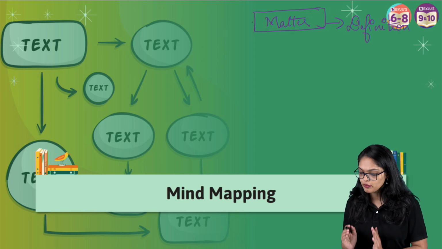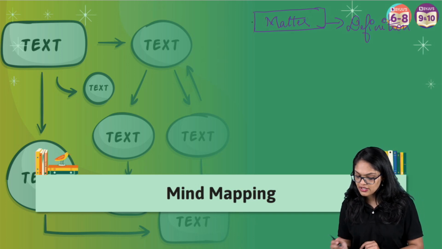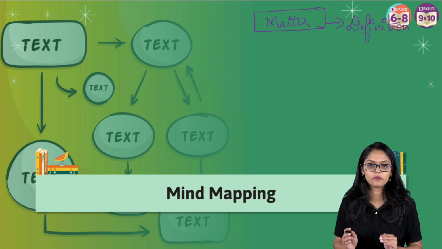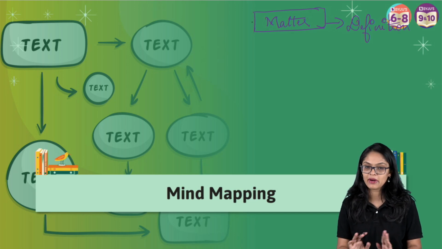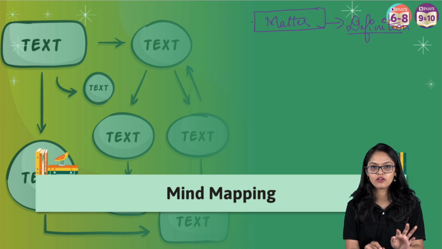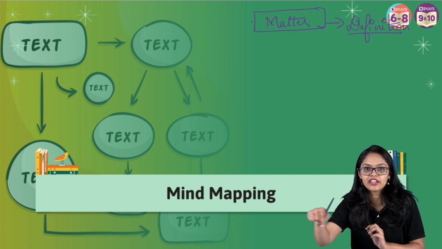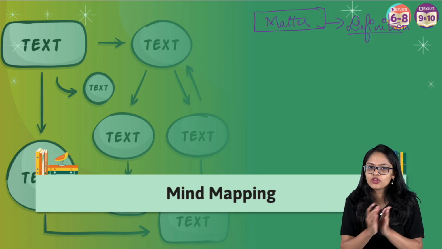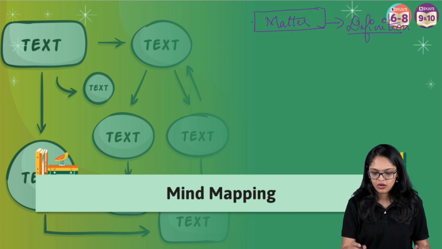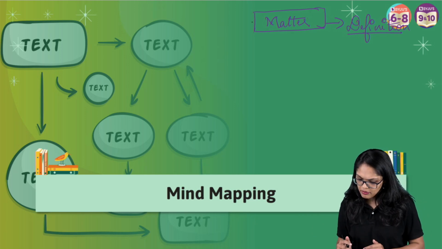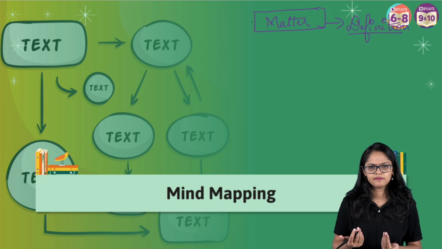So I'm reading about matter and I studied, okay, what is matter? Anything that occupies space and has mass is matter. I'll write the definition of it next to it, the exact definition. You need to write it fully, okay? Then I'm coming to states of matter.